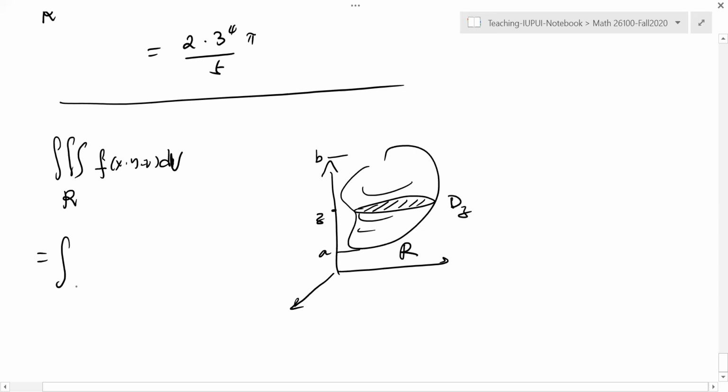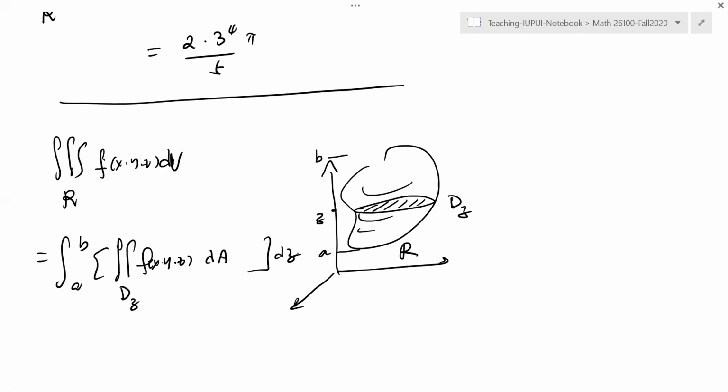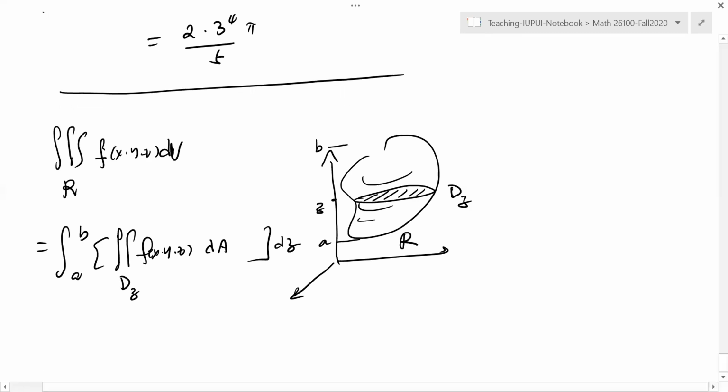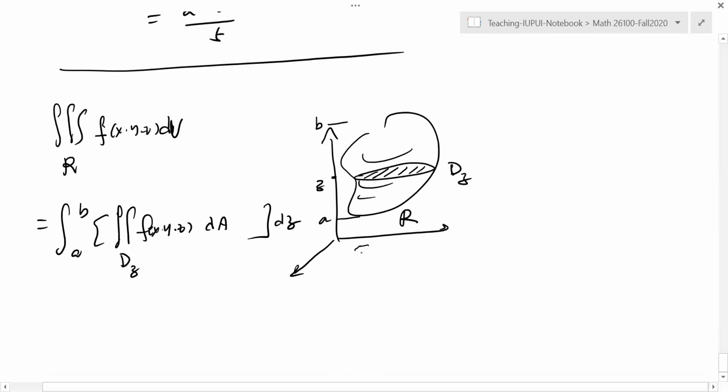So the integral goes from A to B, and inside you have a double integral. You evaluate the double integral on D_z first.